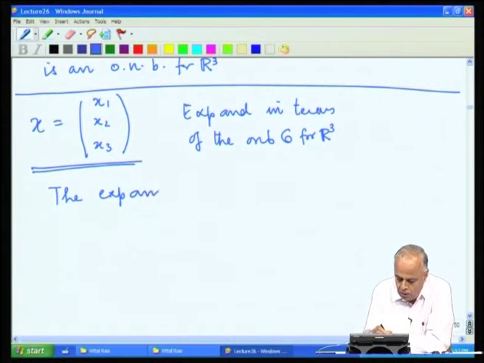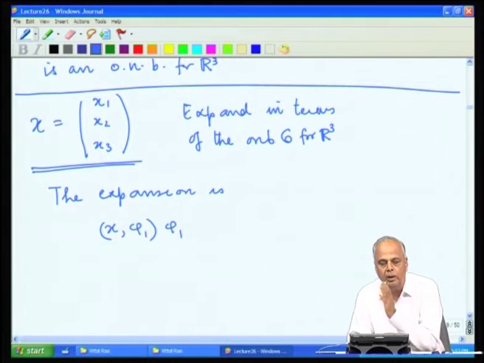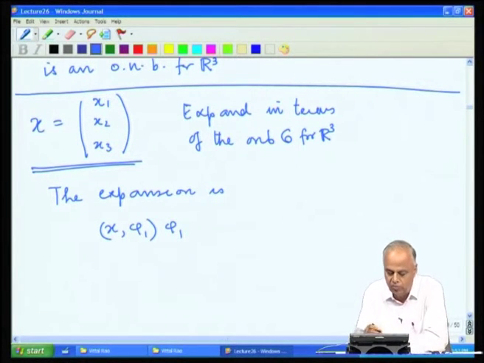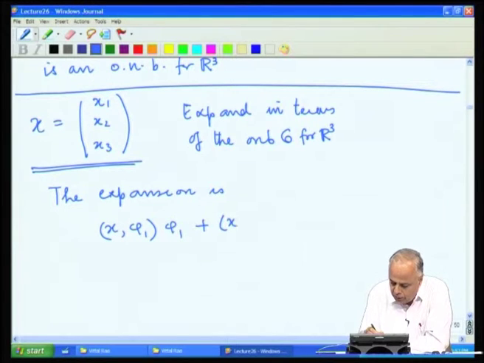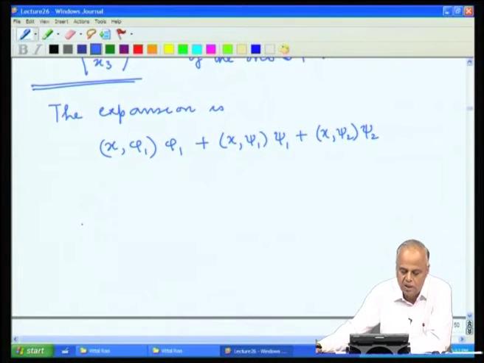We know that whenever we have an orthonormal basis, the coefficient of the phi 1 vector is the dot product of x with phi 1. Similarly, the coefficient of the psi 1 vector is the dot product with psi 1, the coefficient of the psi 2 vector is the dot product with psi 2. So, now let us find each one of these numbers.